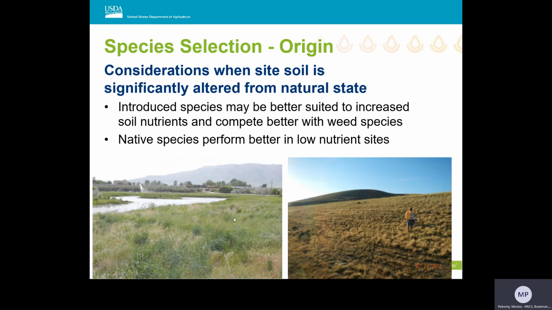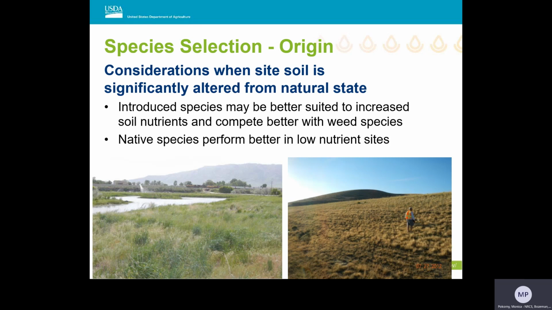On the left, this was an irrigated pasture site that was grazed for about 40 years. And we know that the site had increased organic matter, it had increased nutrients on it, and there were weeds present on the site.